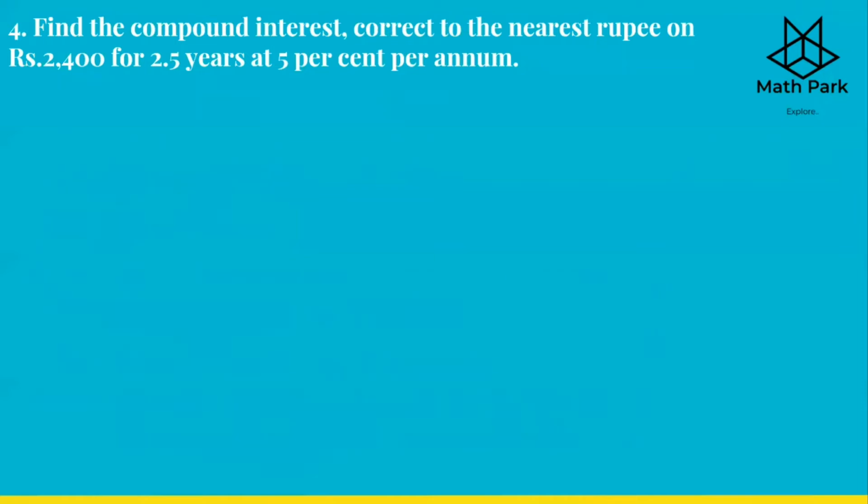Find the compound interest correct to the nearest rupee for rupees 2,400 for 2.5 years at 5% per annum. Again, we find for first year. For first year, your principal is equal to rupees 2,400. Okay, rate is 5% per annum. The time period is going to be 1 year. It is easy. This exercise is easy.